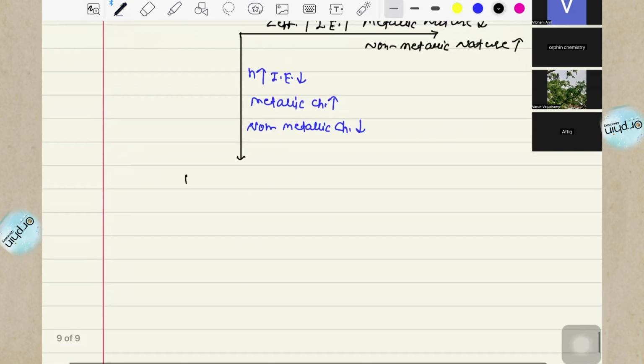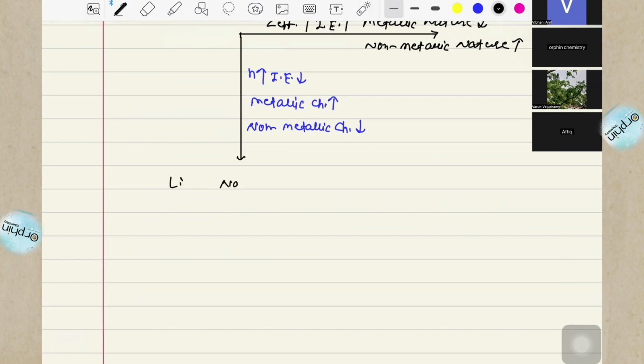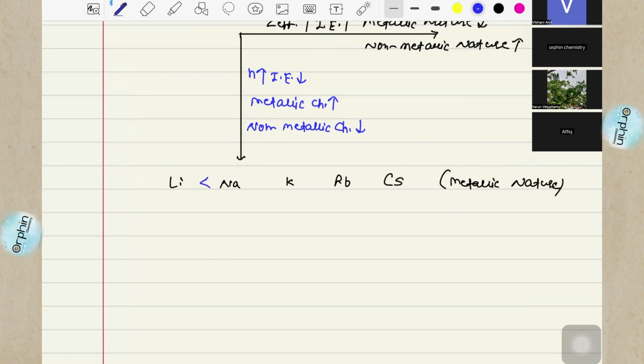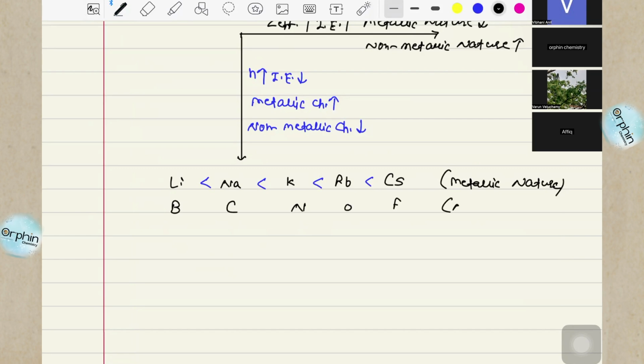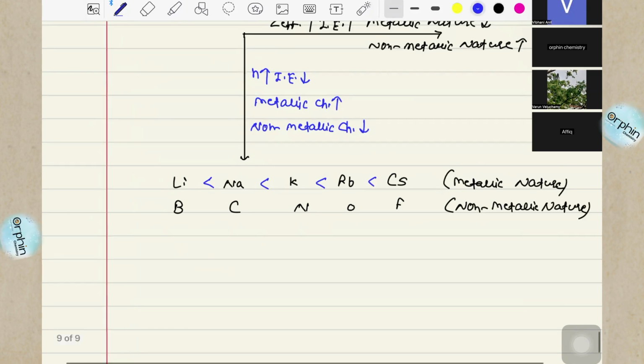So if anyone asks about hydrogen, lithium, sodium, potassium, rubidium, cesium, and we want to see the metallic nature, the order will be like this. And then, for example, boron, carbon, nitrogen, oxygen, fluorine, the non-metallic nature. I know that you are very comfortable with these things, but if we are doing it, we should do it completely.